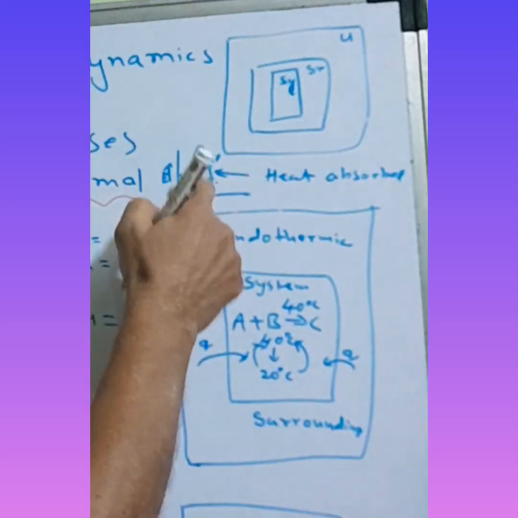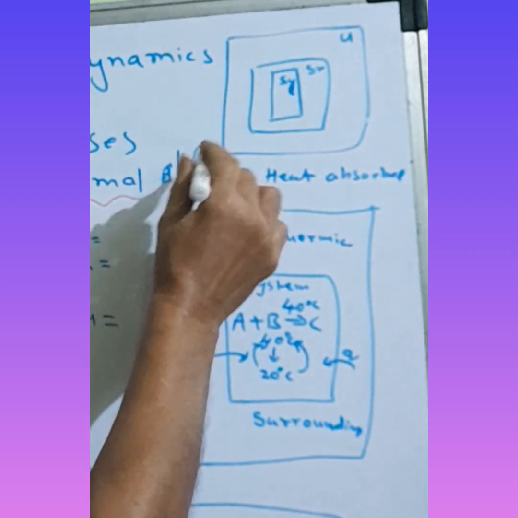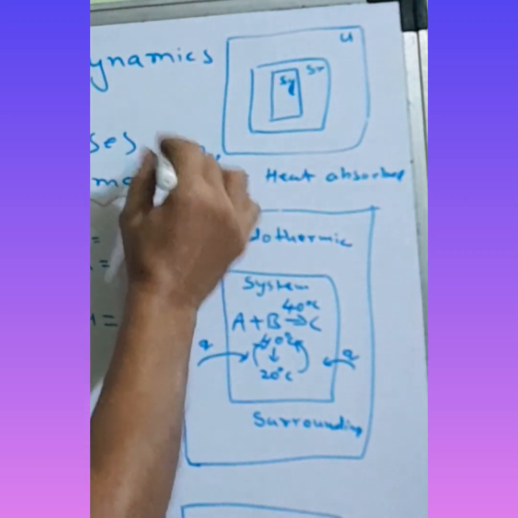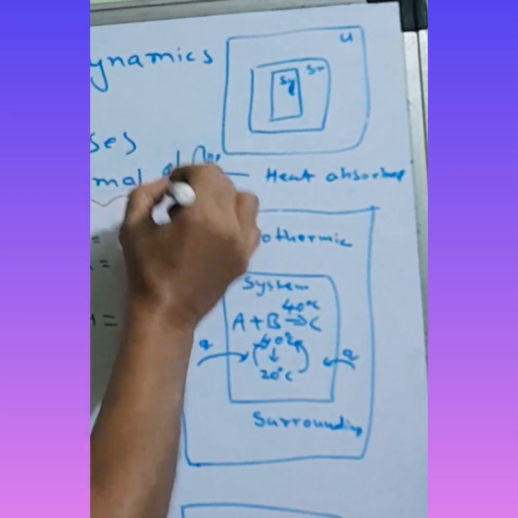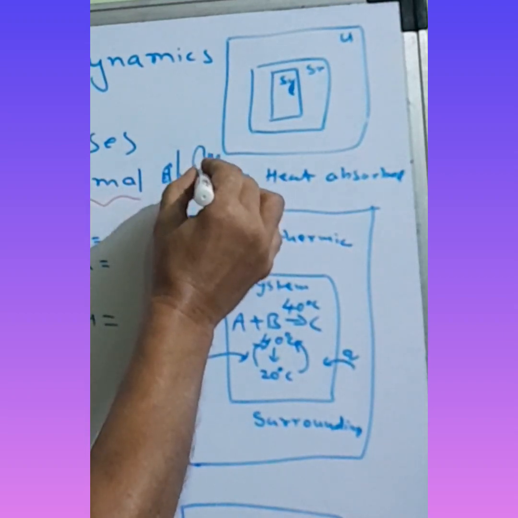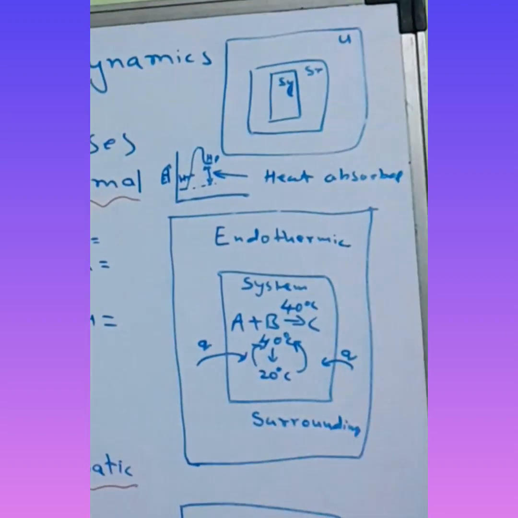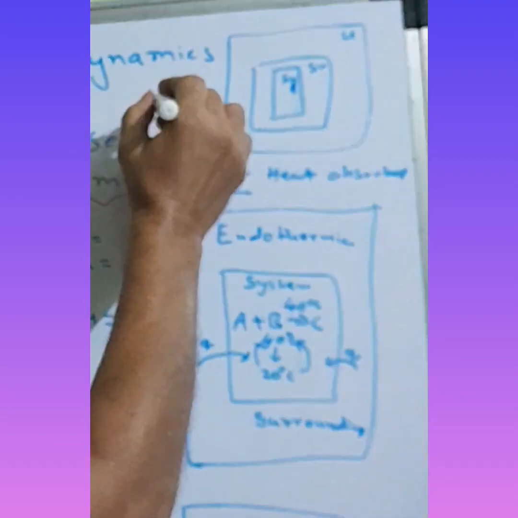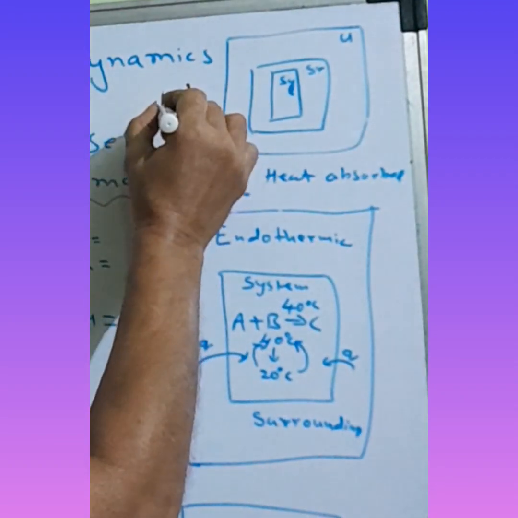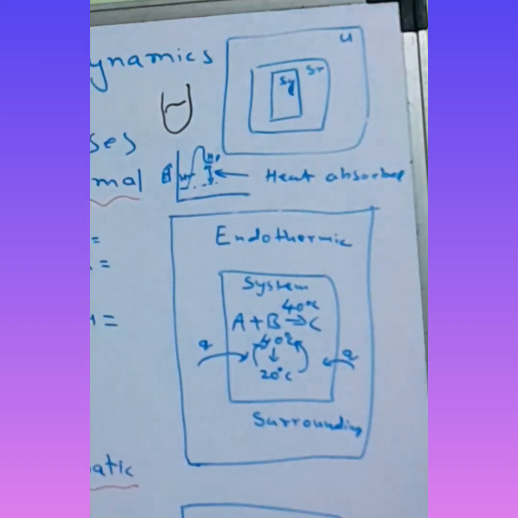Similarly, endothermic process: now see, this is enthalpy of reactant, this is enthalpy of product, this is energy profile. This is the amount of heat that it is taking from the system. For example, suppose again I take a test tube, water in it, I put ammonium chloride into it.